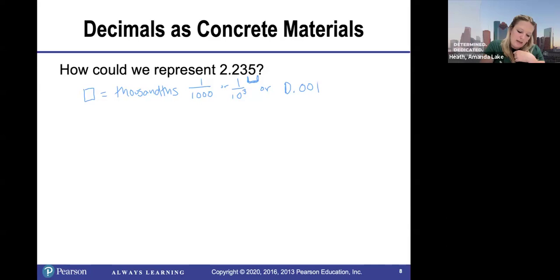So that means that when I go to think about the bar, this is 10 thousandths because I have 10 of those small blocks. So 10 thousandths is the same as 1/10 of 1/1000, which is 1/100th.